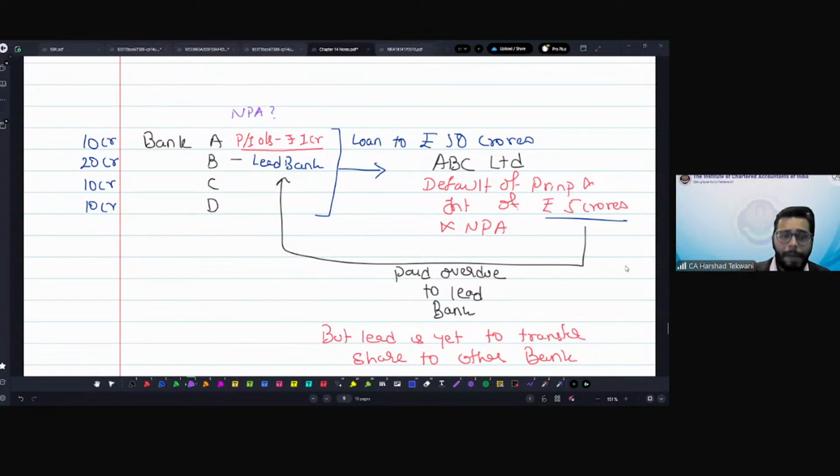Because the amount has been paid to lead bank, but lead bank is yet to pay this 1 CR. Well, bank B is yet to pay 1 CR to bank A. ABC Limited has paid that amount. Are you understanding the example over here?